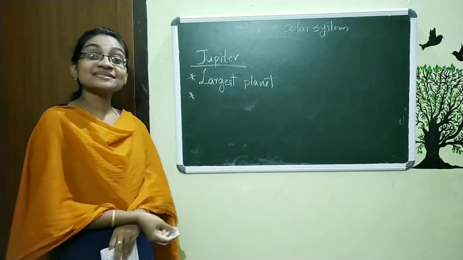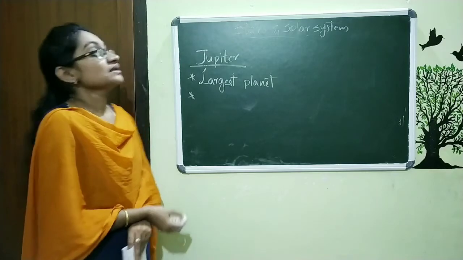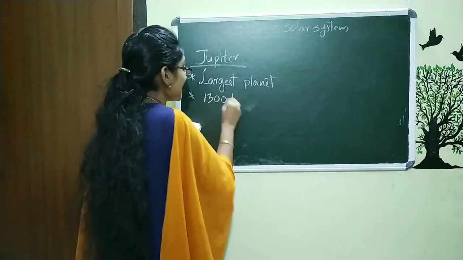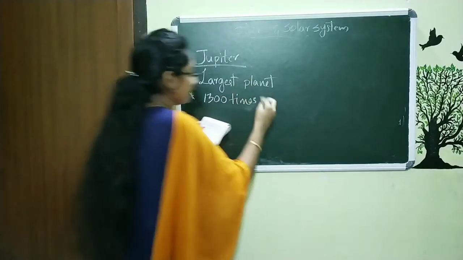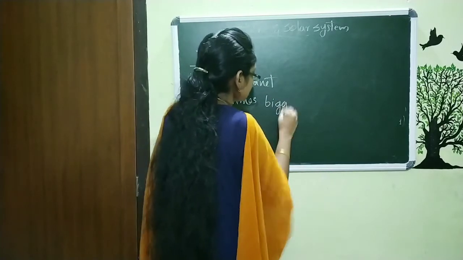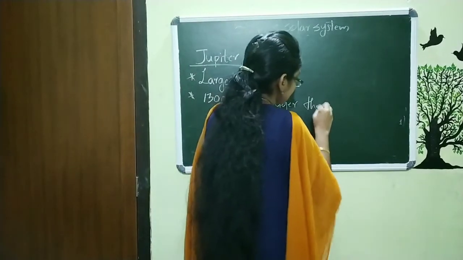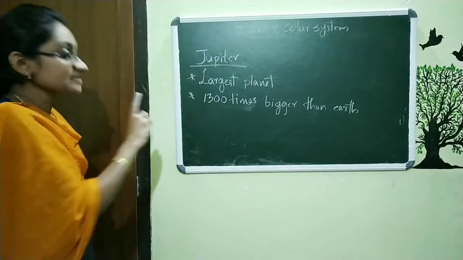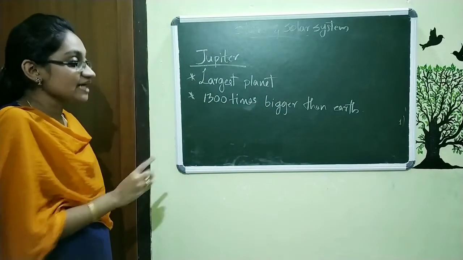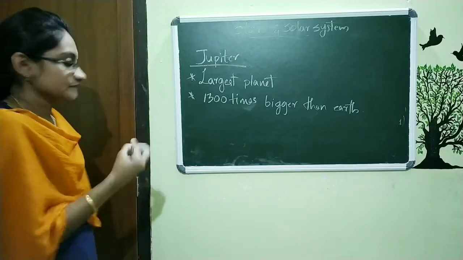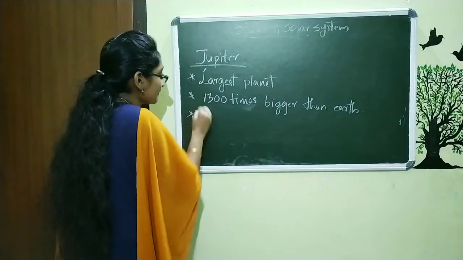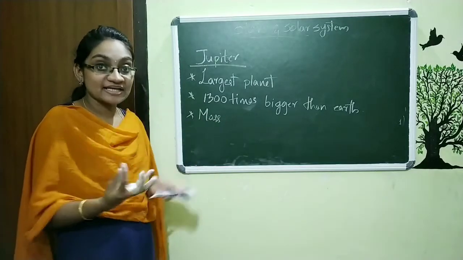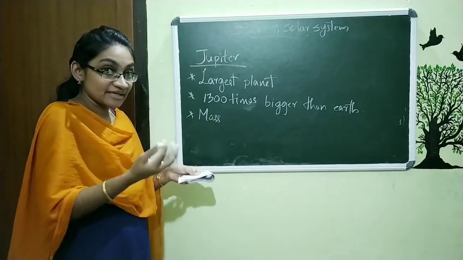And how much is its size? The size is around 1300 times bigger than Earth. So we can say this Jupiter is 1300 times bigger than Earth. And when we talk about mass, this is not our mass planet. This mass is the comparison of the weight and all.